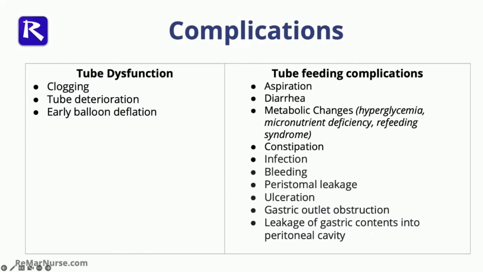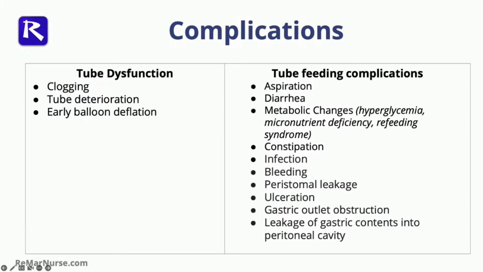Tube feeding complications in general: aspiration. When a client is receiving enteral feeding, we have to pay a great deal of attention to whether or not that client is aspirating. And so the enteral nutrition has the propensity to do that.